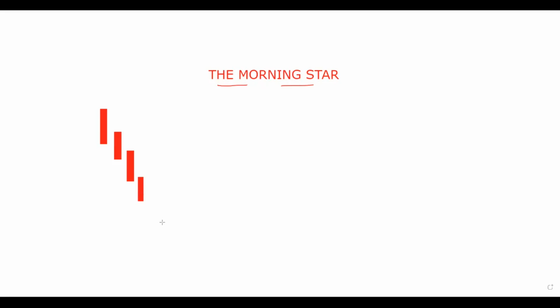Initially the first candle is bearish, which indicates that the sellers are in control of the market. And next one, a small candle, will come. The second candle is a small one, which represents the sellers are still in control, but they don't push the market much lower, and this candle can be bullish or bearish.